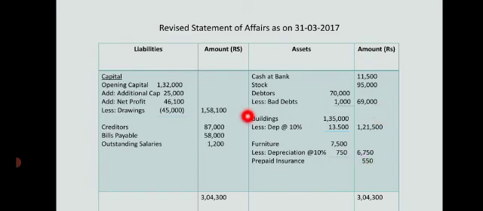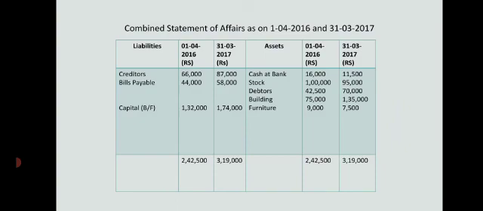So the total of both sides is 3,04,300. So our balance sheet tallies and the answer is 3,04,300. So this is the problem from the question paper.